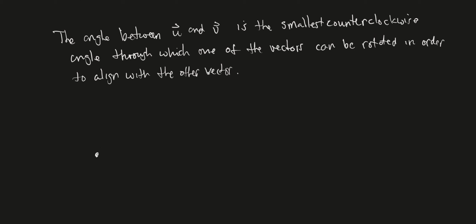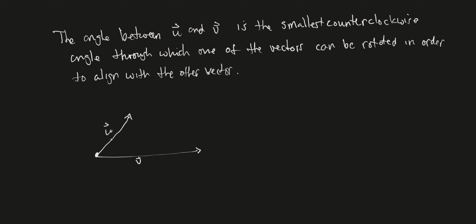So let's say I have my two vectors, and again, they are going to be concurrent. In other words, they'll have the same initial point, and the angle that we define, the angle between them, I'm going to call the angle theta now.